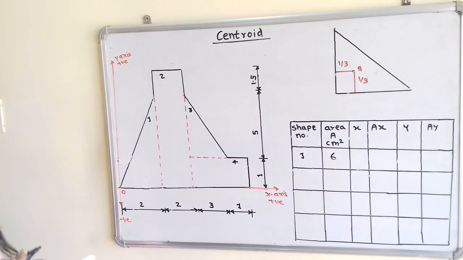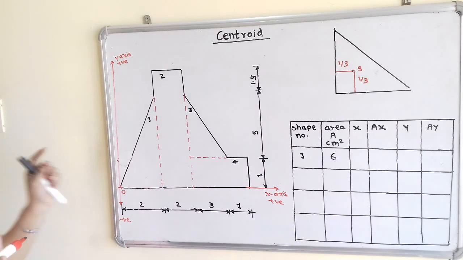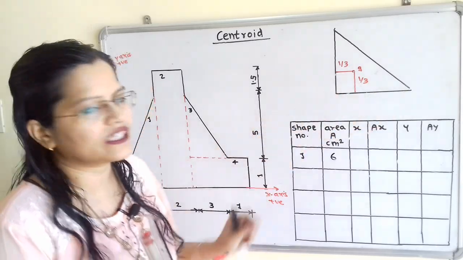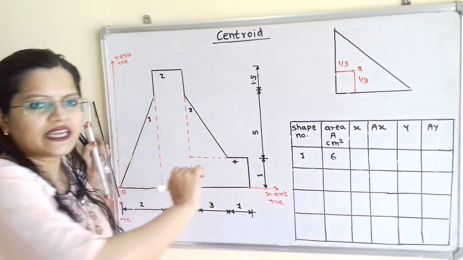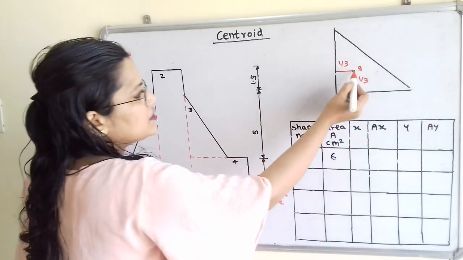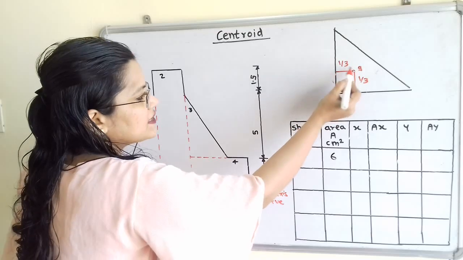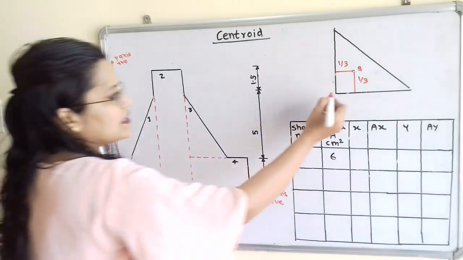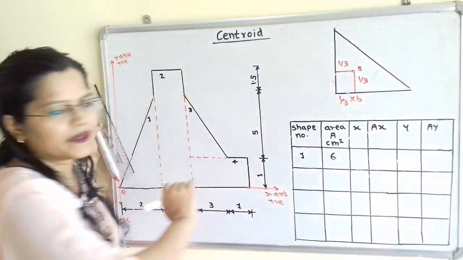Then next, we have to choose the center point. For this triangle, how to select the center point? I have drawn a separate diagram for the right angle triangle. Now if we observe, this G is the center point. The distance of the center point from this height is equal to 1 by 3 multiplied by the length of the base.